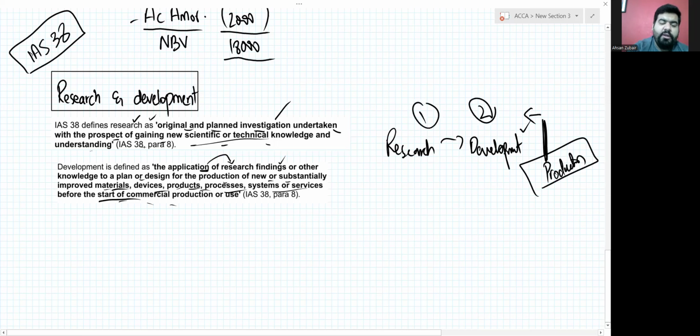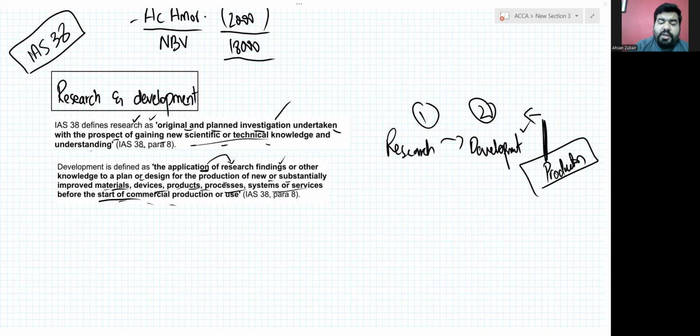After that, if you think the research is proper and the product is developed properly, then you don't need to wait, just start the production. Now the development phase ends and you will start commercial production and sell that product.